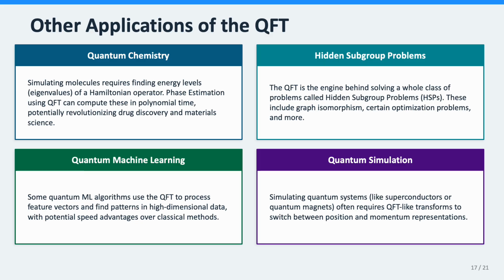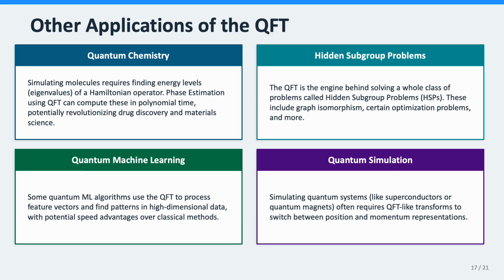built on the QFT. In quantum simulation, physicists often need to switch between describing a quantum system in terms of position and describing it in terms of momentum. In classical physics, the switch is a Fourier transform. In quantum simulation, the QFT performs the equivalent operation.